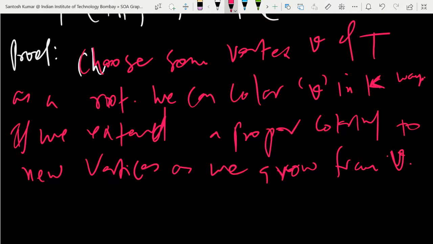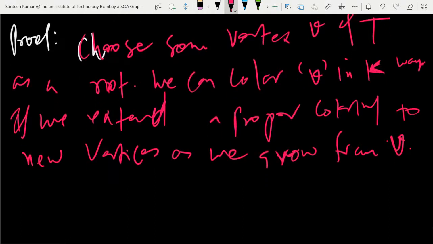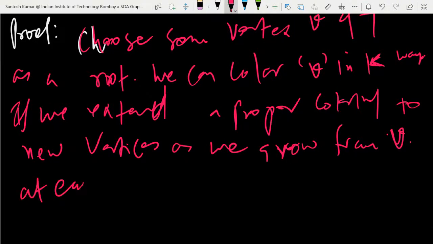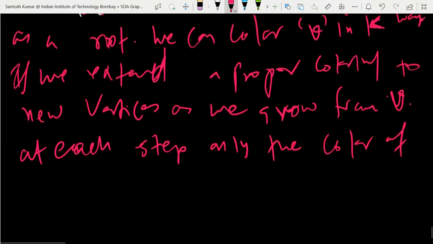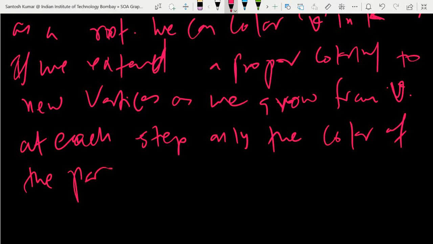And at each step, only the color of the parent is forbidden.